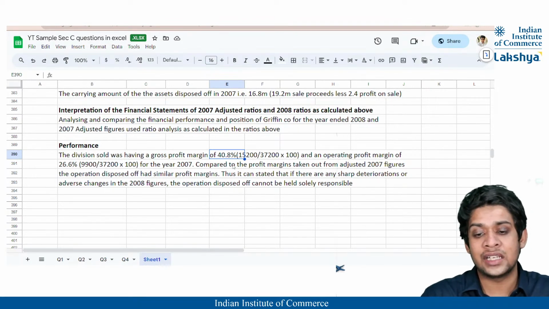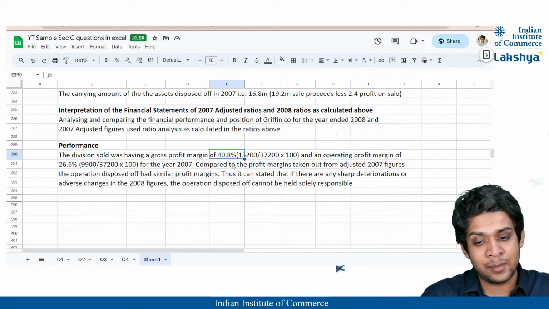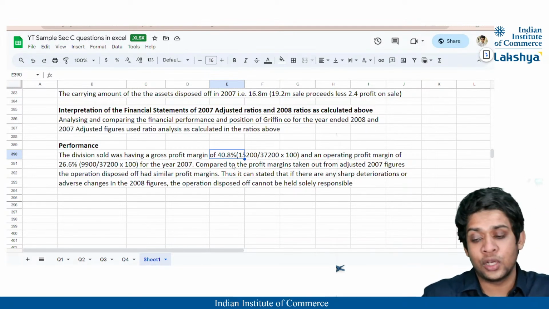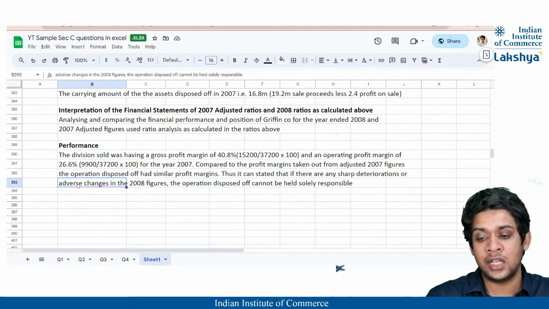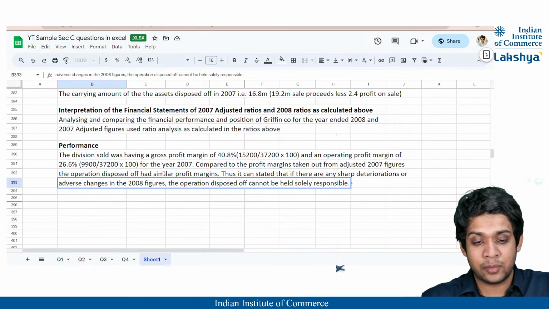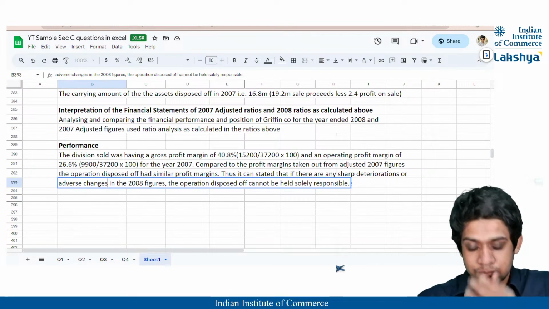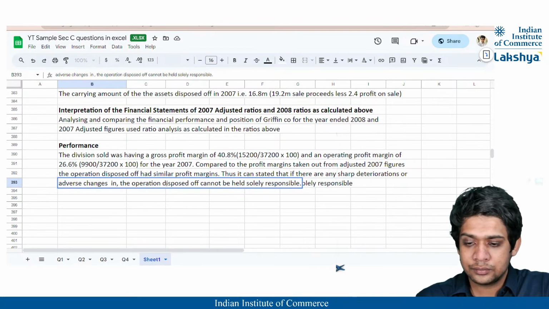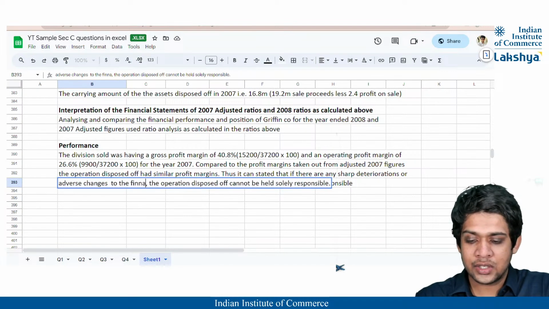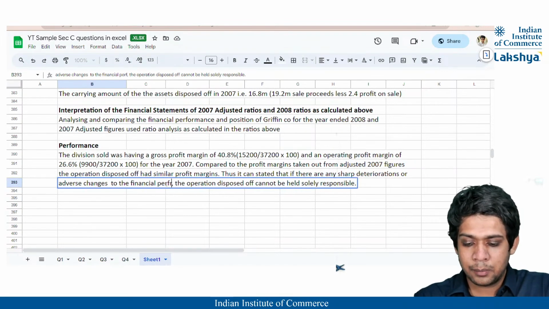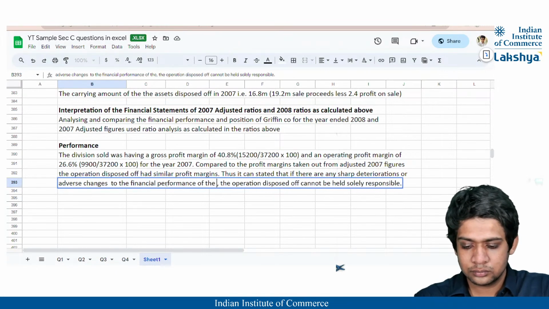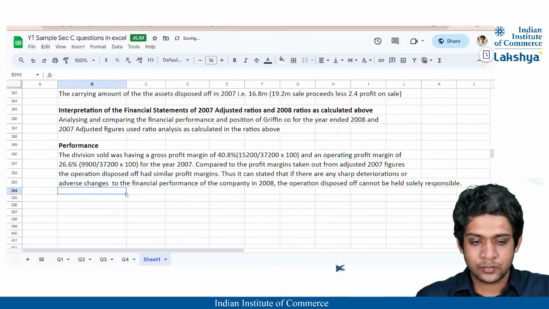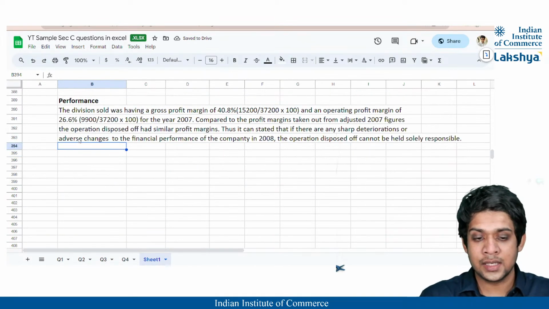But we are saying that the operating profit margin and the gross profit margin are very much similar, which is why they cannot be solely responsible for any adverse changes or sharp deteriorations to the financial performance of the company in 2008. So you can mention it probably like this.